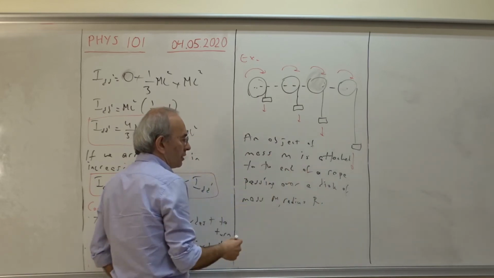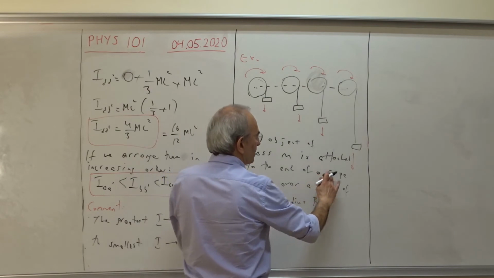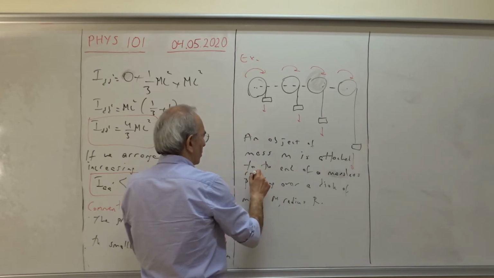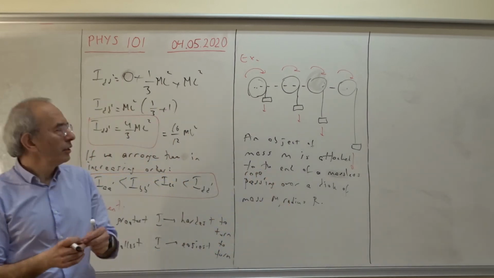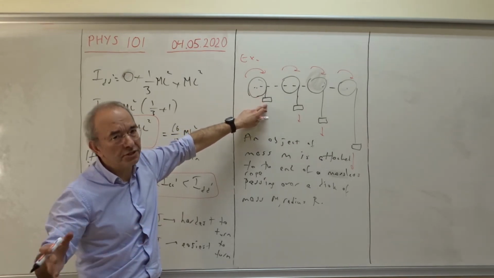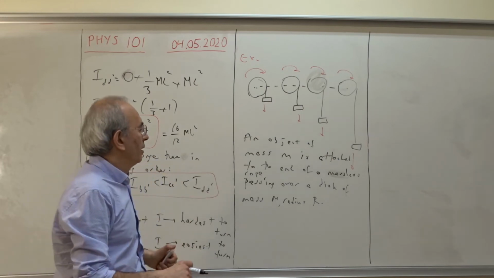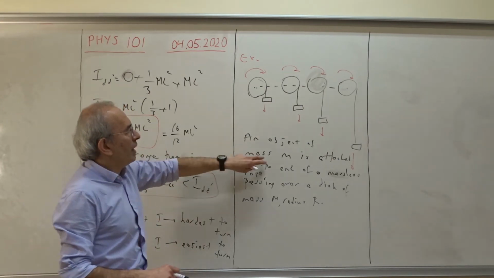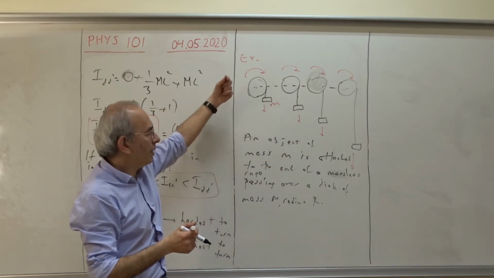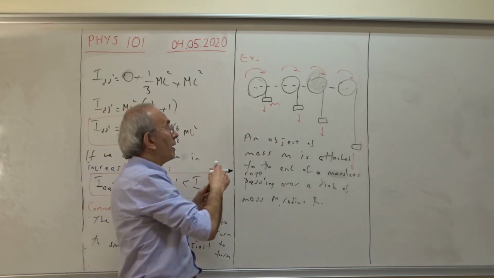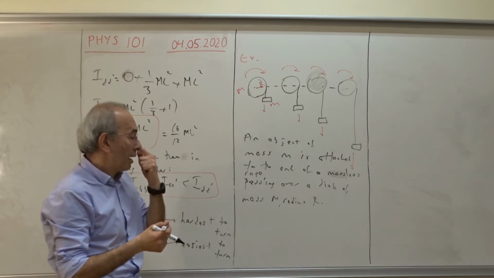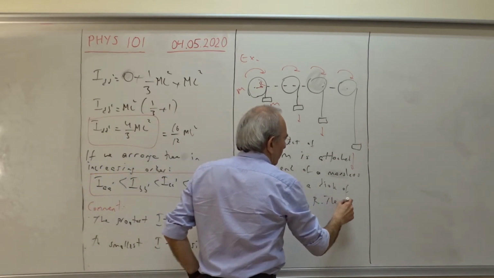Rope has negligible mass. Let me write a massless rope. Massless rope means the mass of the rope joining disk and the object has a very little mass, so it is negligible with respect to the other masses. An object of mass m, this object, is attached to the end of a massless rope passing over a disk of mass capital M, radius capital R. Then it is released.